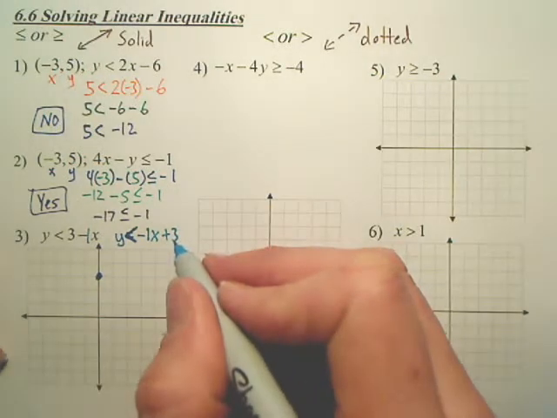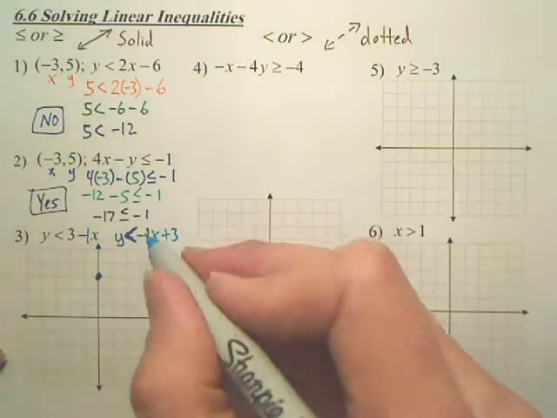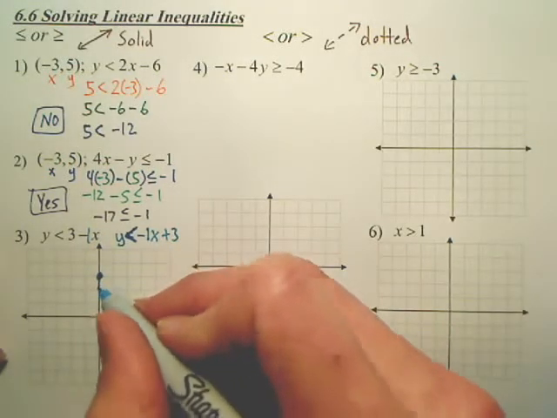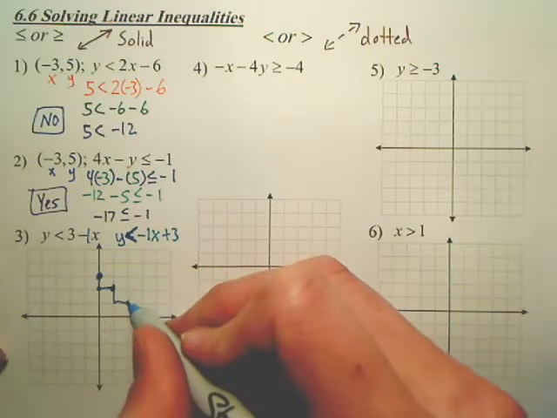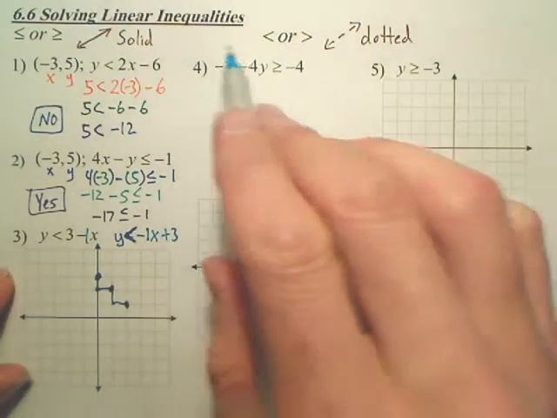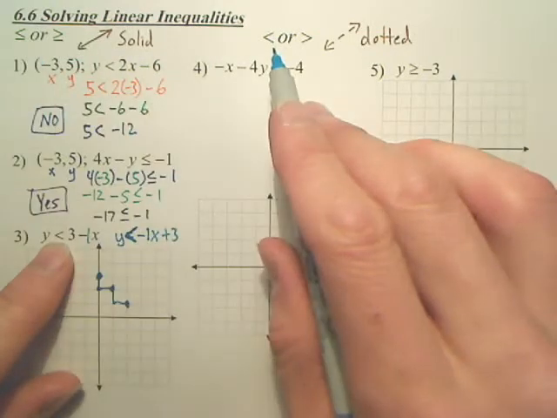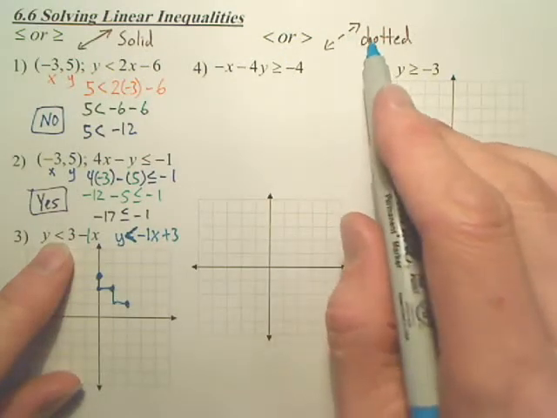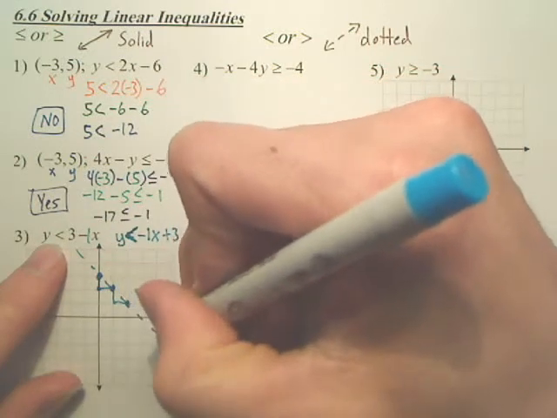Where are we going to move? This -1 means we're going to go down 1 and over 1, and keep going down 1 over 1. Now, here's the difference. Is this a less than or less than or equal to? Less than. So what kind of line will it be? Dotted. Something new you have to worry about.